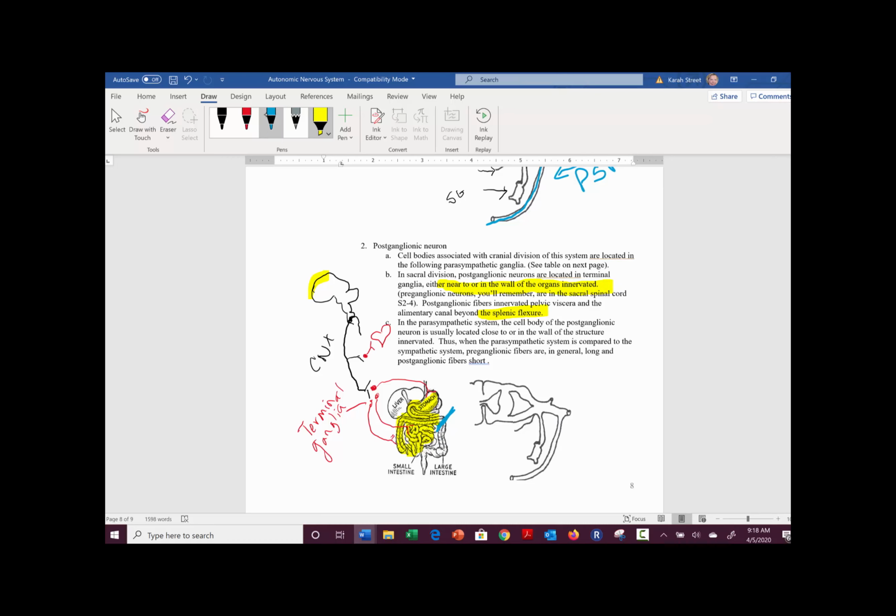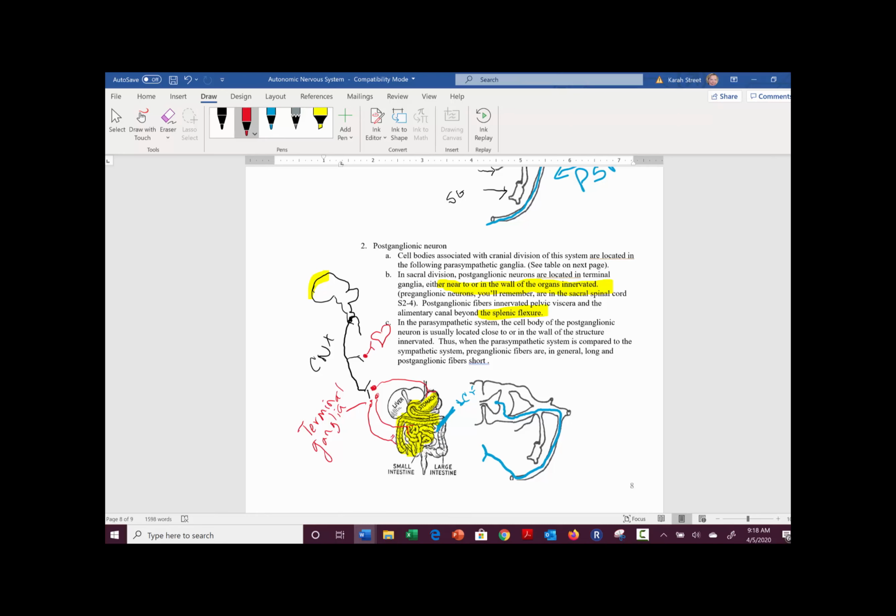Now, what about for the sacral equivalents? Well, as I drew before, it exits through a ventral root, enters a pelvic splanchnic nerve, and we would be using these sacral equivalents to target structures that are found in the pelvic bowl or below this left colic flexure. I'm going to put LCF, left colic flexure.